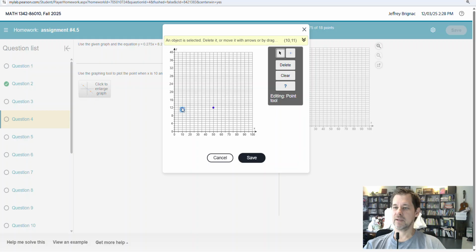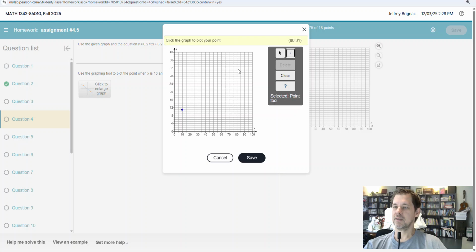See how the coordinates showed up there as I moved it around? So even if I couldn't see this graph perfectly well, if I get it close, I can just look at that and see if it's where I need to be. Okay, so I got that point. Where's the other point? Right 90, up 33. I need to put it somewhere over here. So I select this again.